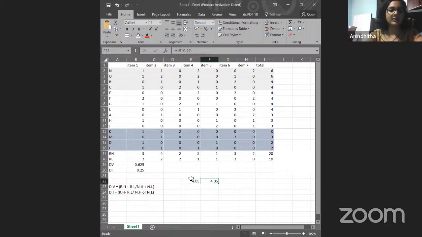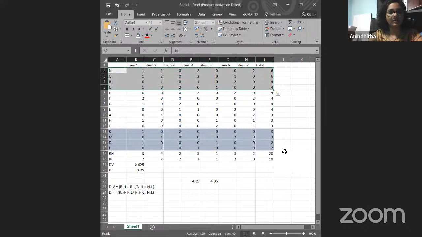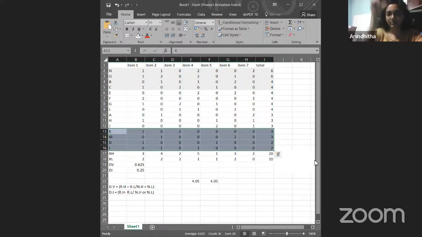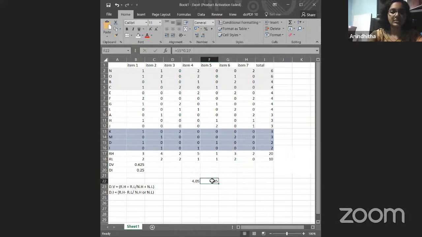So 4.05 roughly means 4 people. When we round it to the closest integer, it becomes 4. So we're going to highlight the top 4. I've done that already. We've highlighted the top 4 people's scores and the bottom 4 people's scores based on the entire decreasing values that we've determined. So this is what we do as step 2.